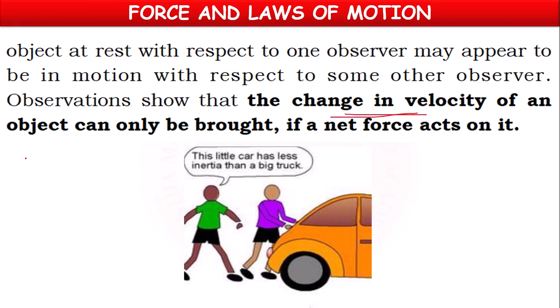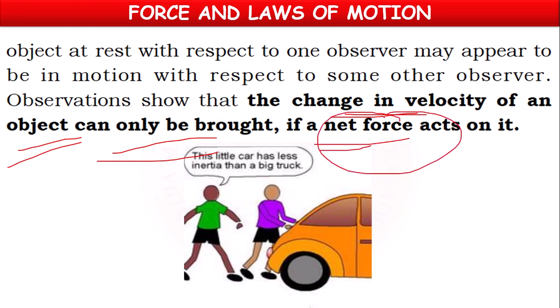So the change in velocity of an object can only be brought about if a net force acts on it. It means whenever there is some change, that change will happen because of force. Suppose in the game of tug of war, you might have observed, some persons will be pulling the rope this side, and some persons will be pulling the rope this side.